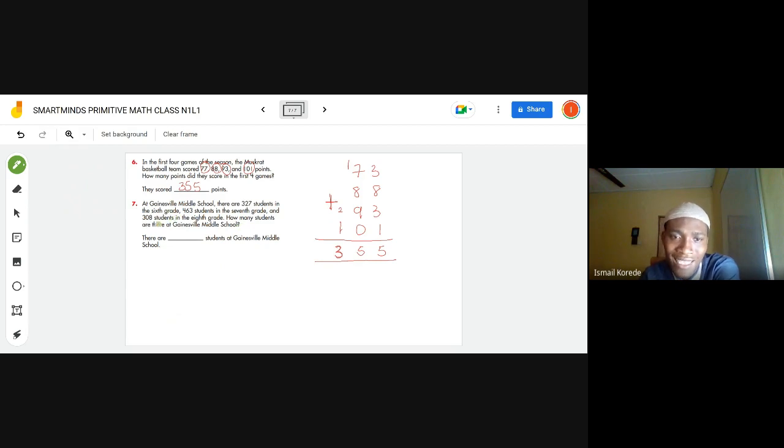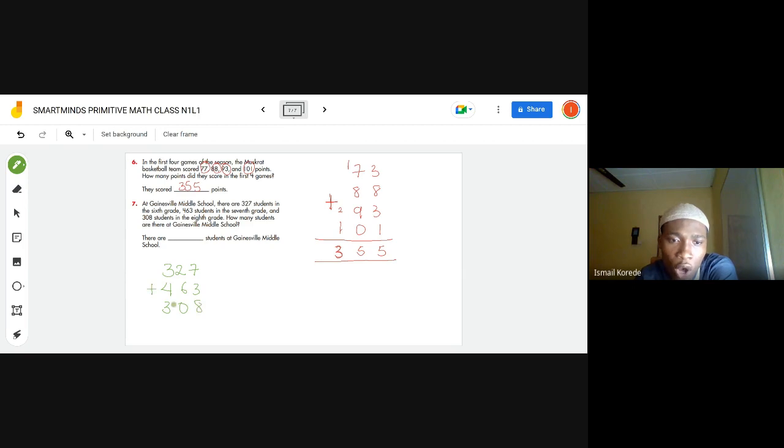So we just need to add these 3 grades together to know the total number of students in the school. So in grade 6, we have 327 students, and 463 students in grade 7, and 308 students in grade 8.